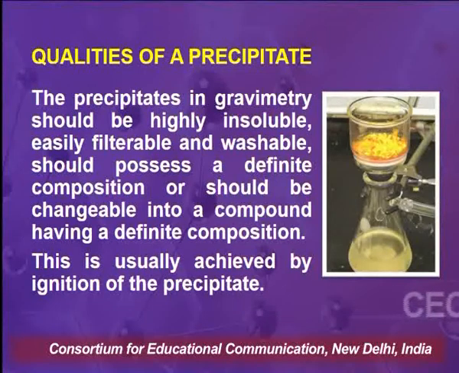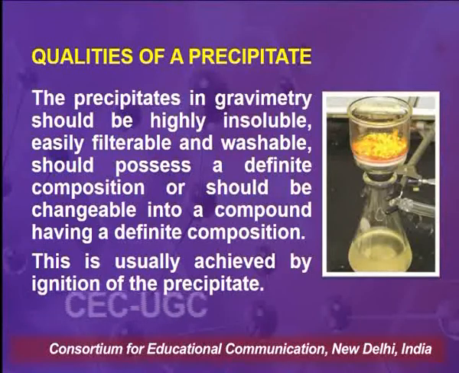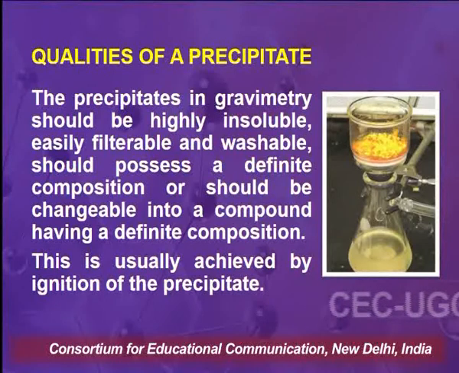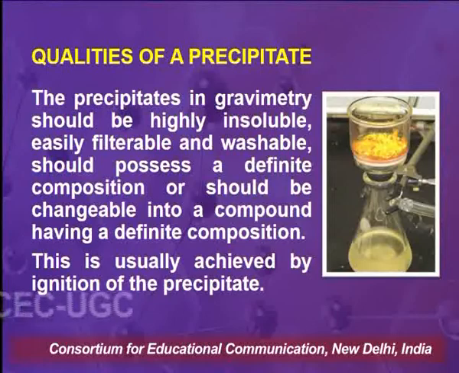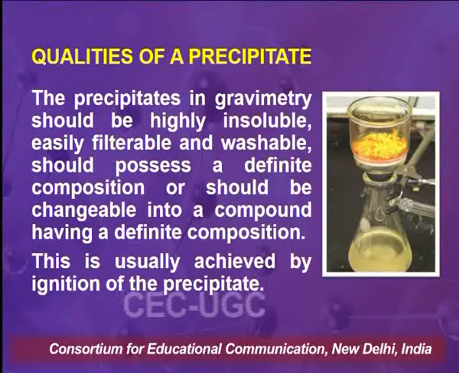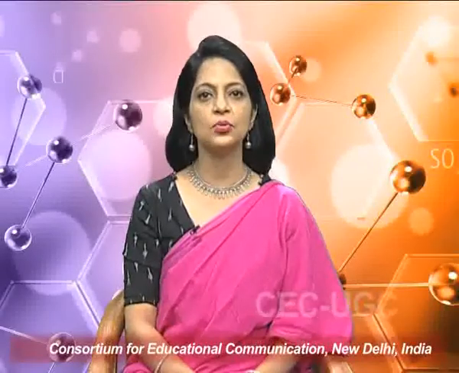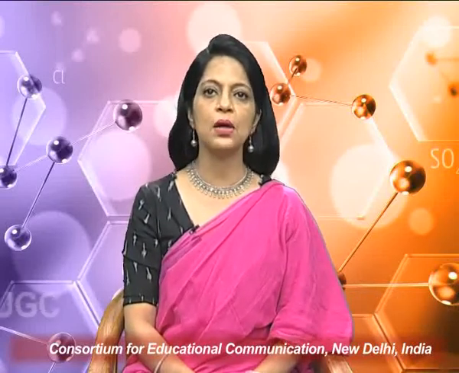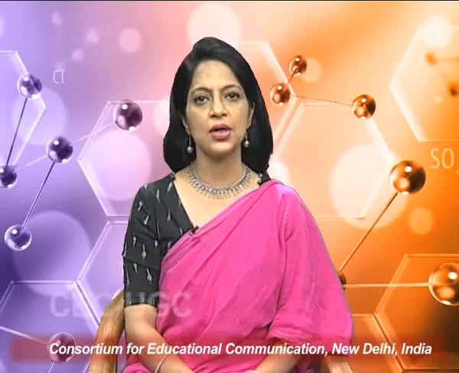Whenever we discuss the analysis of a particular metal ion by gravimetric analysis or by the formation of a precipitate of the ion, there are certain qualities which need to be possessed by the precipitate. The precipitates in gravimetry should be highly insoluble, that is, they should not go into the solution since they have to be weighed, and if they go into the solution, then it may cause error in gravimetric analysis.